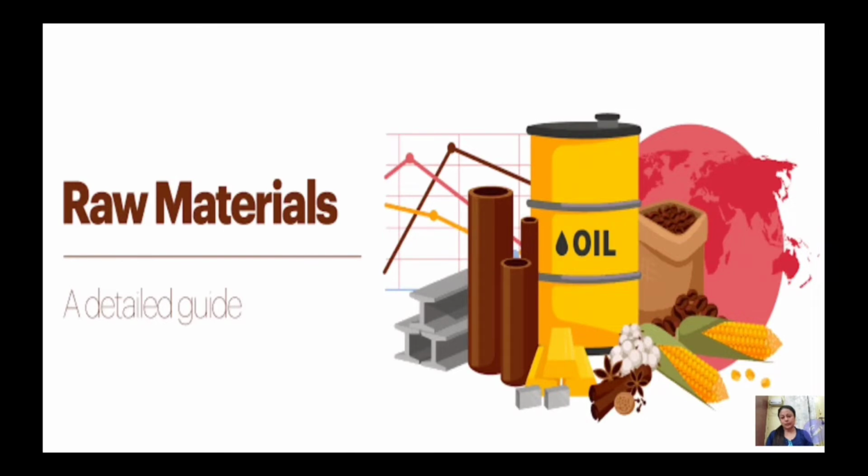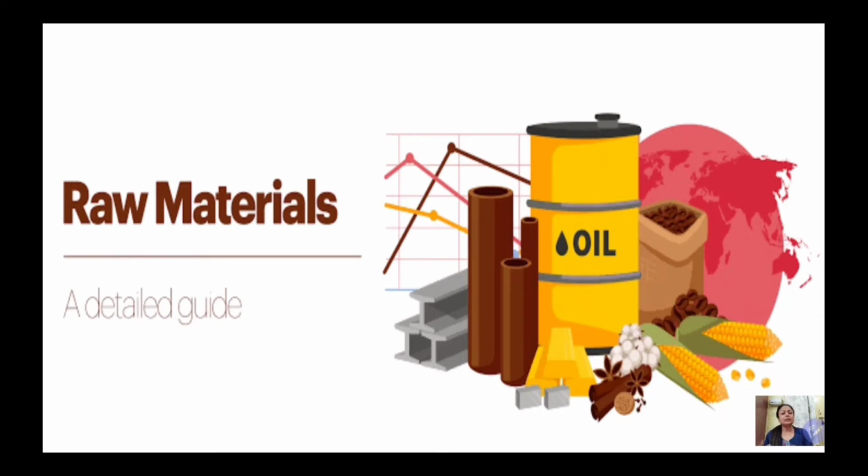So the first factor on which an industry is set up is raw materials. The availability of raw materials required by a particular industry, whether it's an agro-based industry, mineral-based industry or forest-based industry or any other industry.